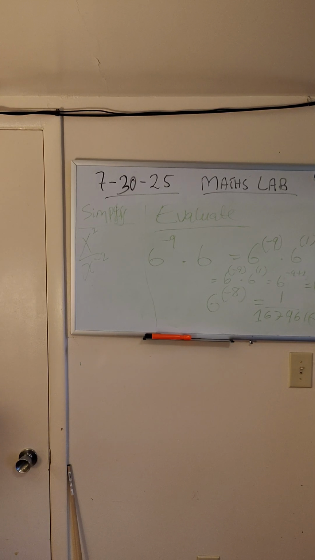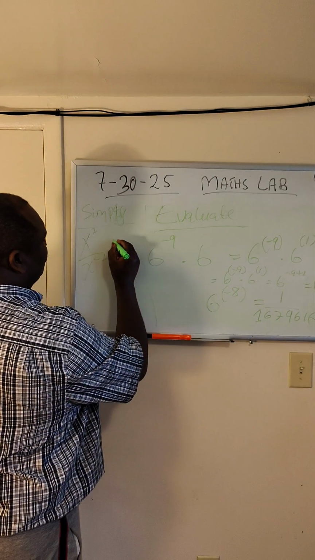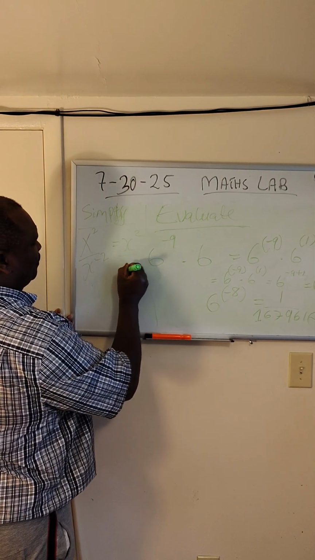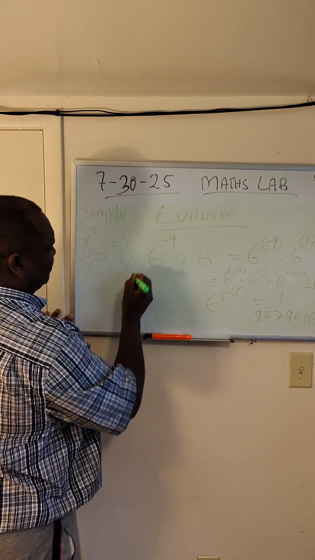First of all, we are going to write it the way it is, for the sake of following the formulas so that you get your points right. So we say x raised to the power of 2 over x raised to the power of negative 2.